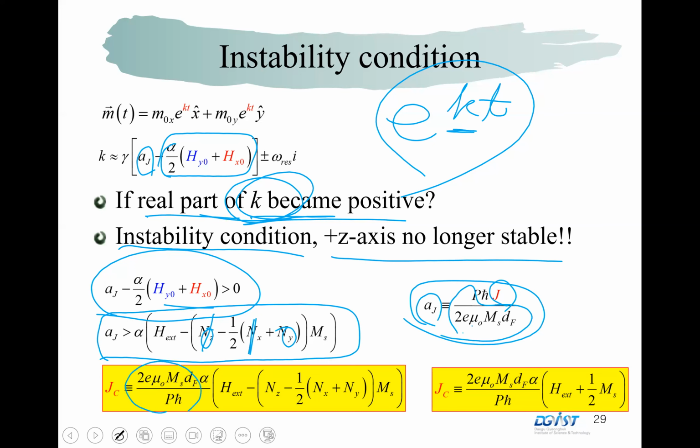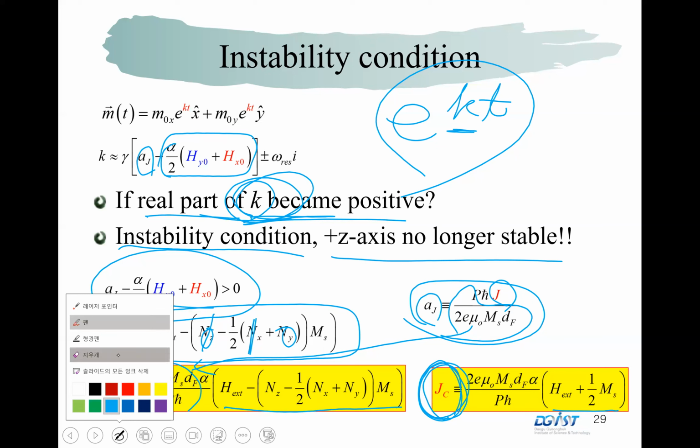This term came from here, and this term can be simplified like this. So with this current density, the real part of K becomes positive, and the STT becomes larger than the damping of the system and starts switching. That is called the critical current density for STT switching. Okay, that is our conclusion.